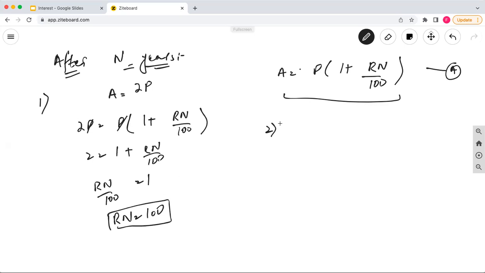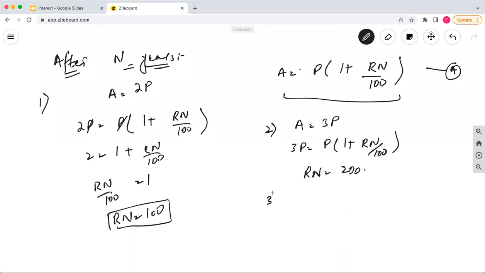And if I see the next thing, that our final amount just becomes thrice the principal amount, so this will be 3P is equal to P into 1 plus R1 over 100. So after solving this, R1 is equal to 200.